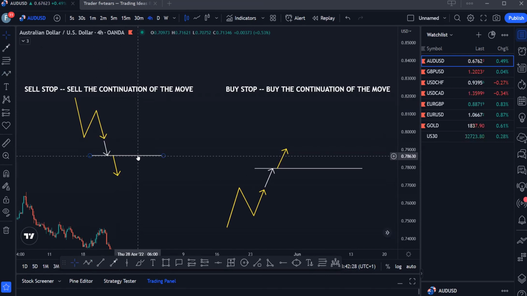Okay, it helps you get into the market at a very, very good price because you are the one that will set the price in which you want to enter. All right, so sell stop done and dusted, buy stop done and dusted. All right, so we'll look at how to use it in the market in a bit.